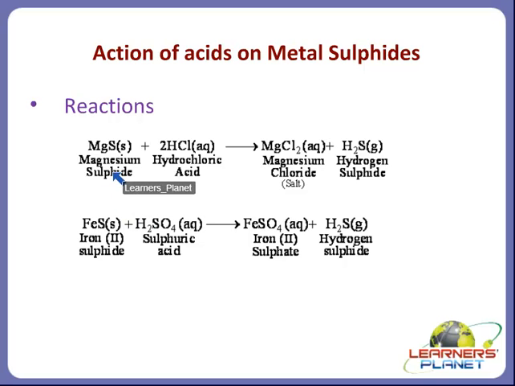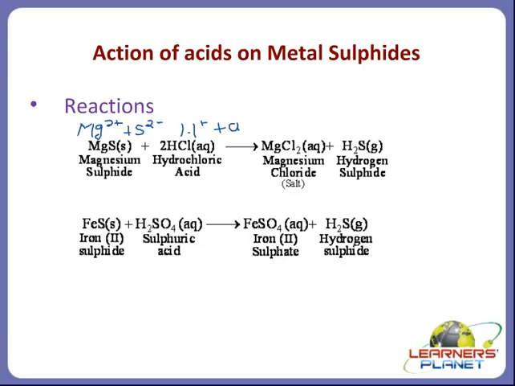Magnesium sulfide reacts with hydrochloric acid, forming magnesium chloride and hydrogen sulfide. Magnesium sulfide will be dissociated into Mg2 plus and S2 minus. What will your HCl be forming?